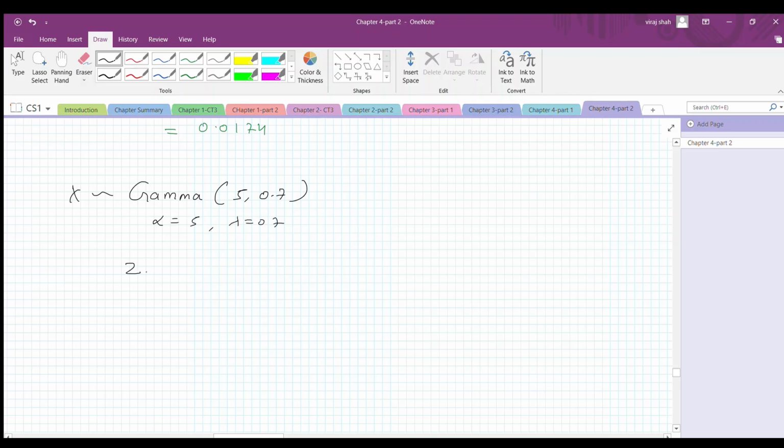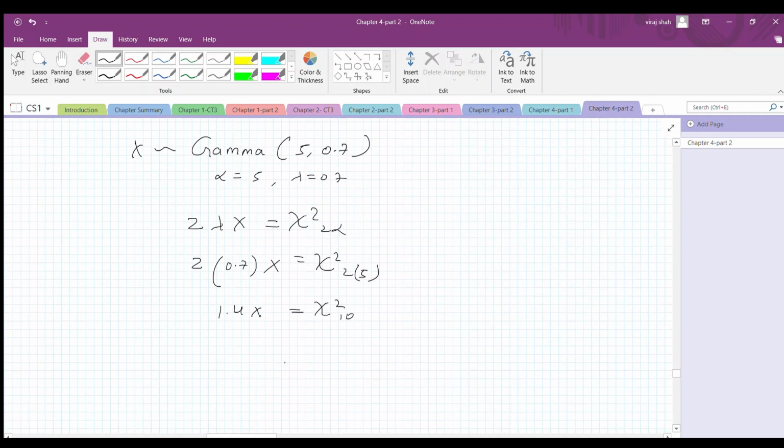I substitute that in my formula, 2 lambda x is chi square 2 alpha. Lambda is 0.7, and 2 alpha is 10. So I get 1.4x is equal to chi square 10, right?